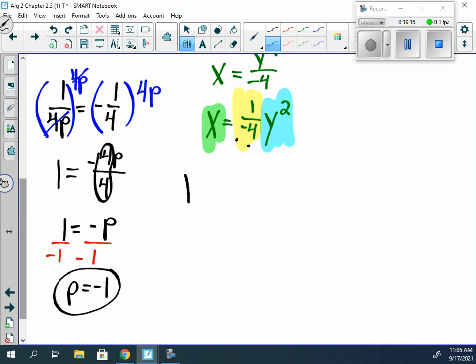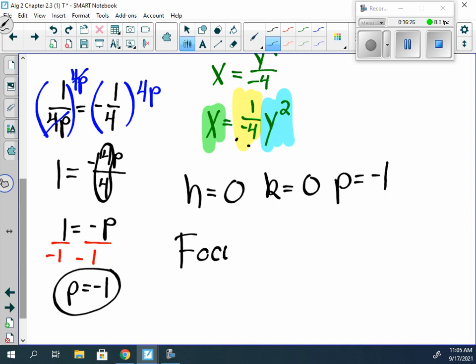So we said the value of h was what? The value of k is, and the value of p is negative 1. Now our focus for this here is h plus p, comma, k.